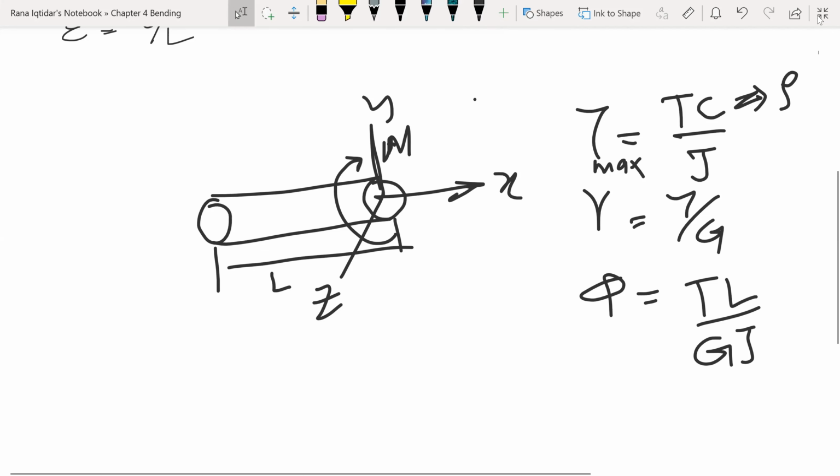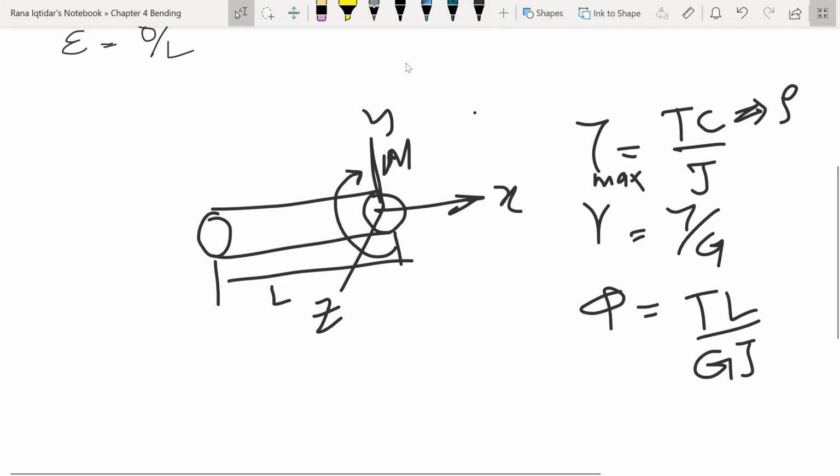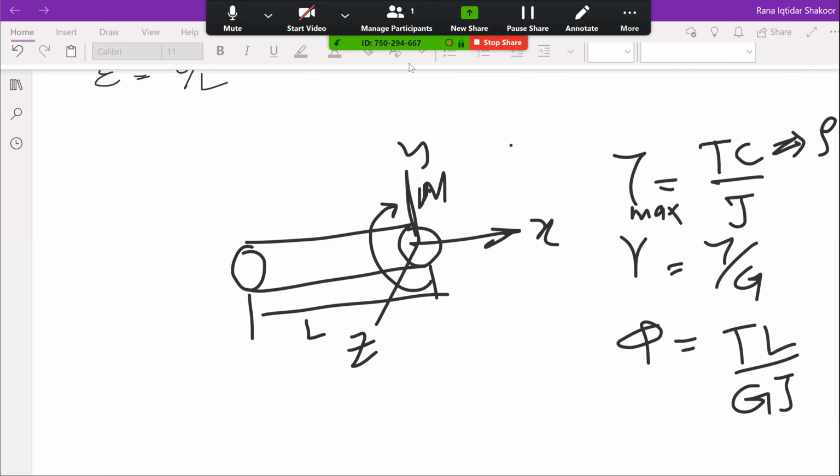So if we go for a demonstration for this one, so this was the rod, right? And we were applying the torque on it, and this torque was along the x-axis.